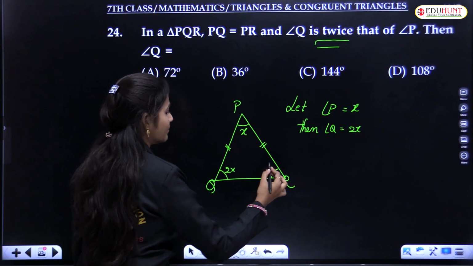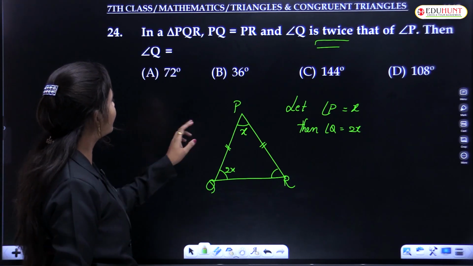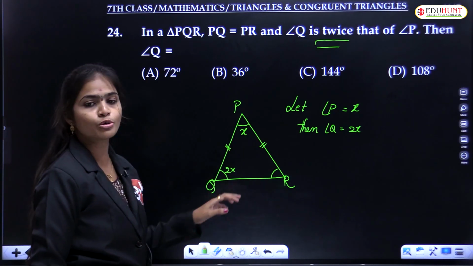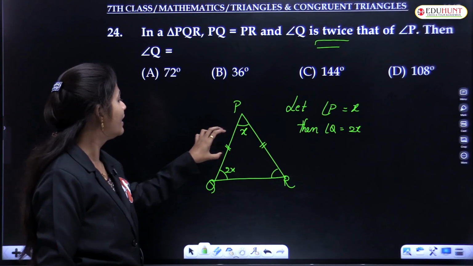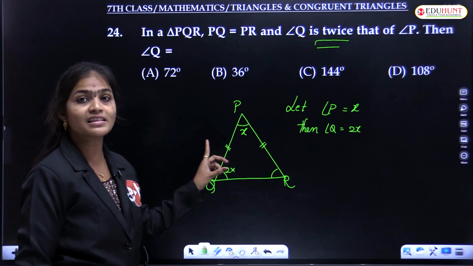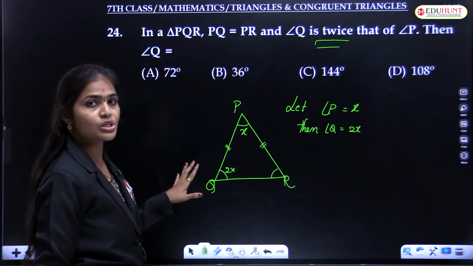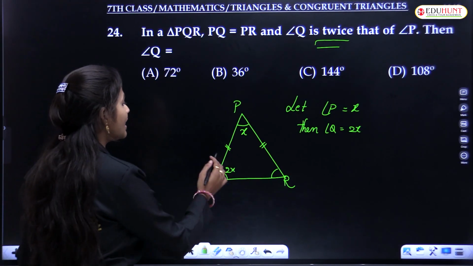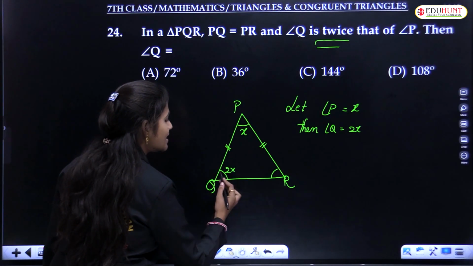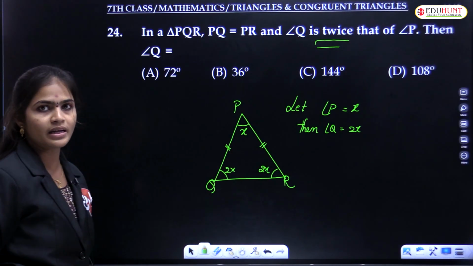So here R. What about that R? Why? Because one see that question here they given that PQ is equals to PR. PQ is equals to PR, which means here these two sides are equal, means that is which type of triangle? Yes, first we have to identify that is which type of triangle. So that is isosceles triangle. So in an isosceles triangle base angles are equal. So that's why here 2x is equals to 2x.